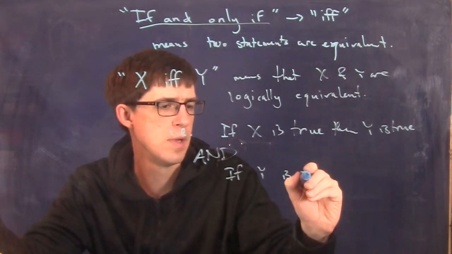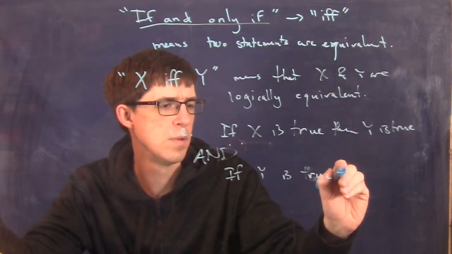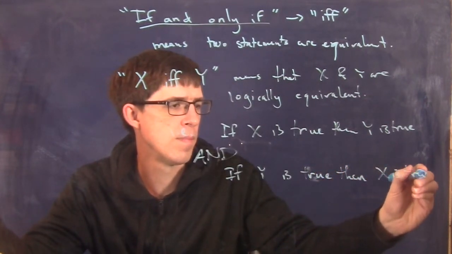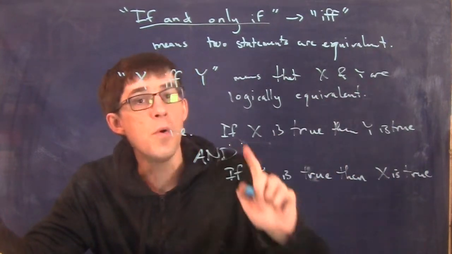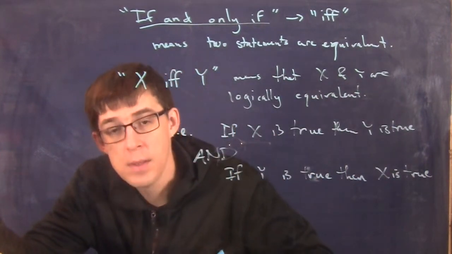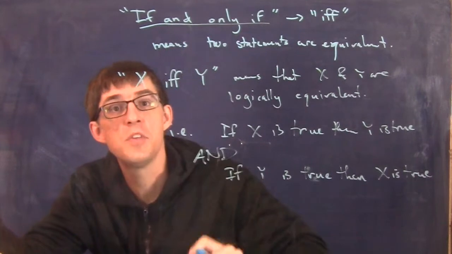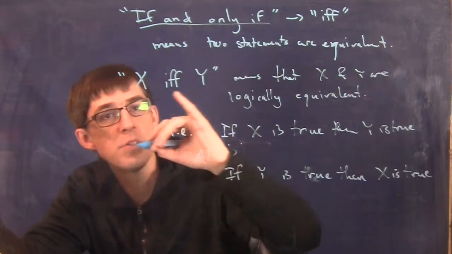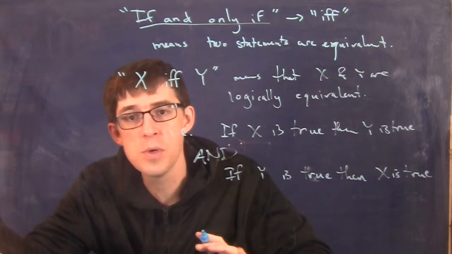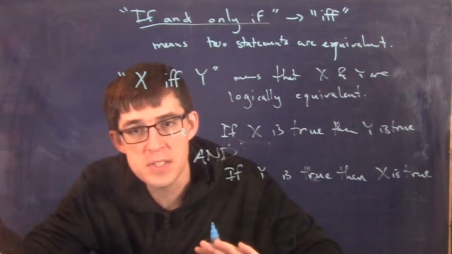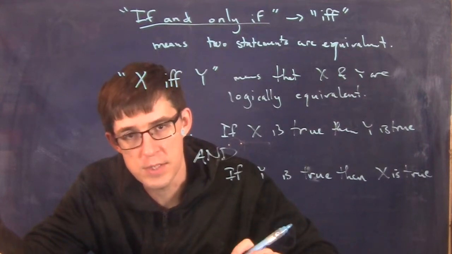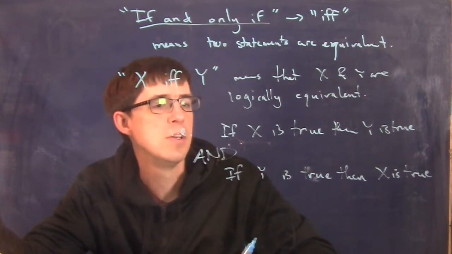They both have to be true. So when you see x if and only if y, your interpretation should be: if x is true, then y is also true, and if y is true, then x is also true. In other words, x and y represent the same thing logically. Either they are both true or they're both false in all cases. They are equivalent to one another.